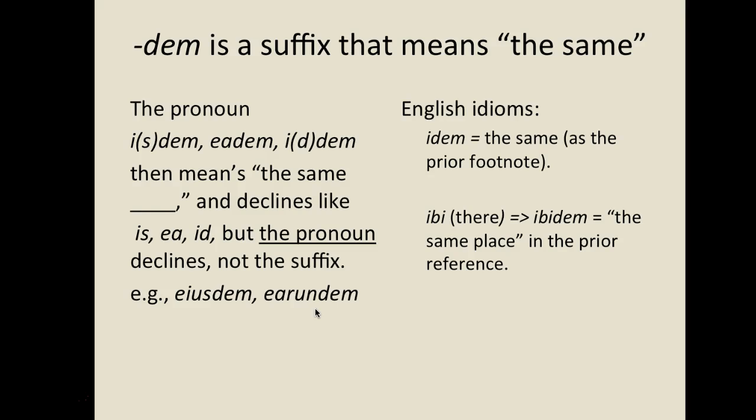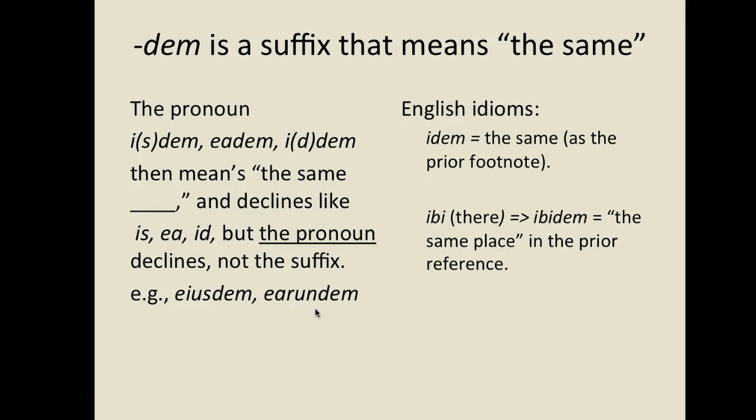There are places in which we use this particular pronoun, and you used to see it a lot in footnotes. Some of you may have learned this system if you've learned Chicago style. Idem, which means the same thing, is used to indicate that the reference in one footnote is the same as the one in the prior footnote.